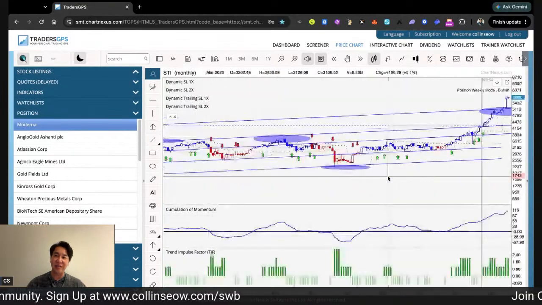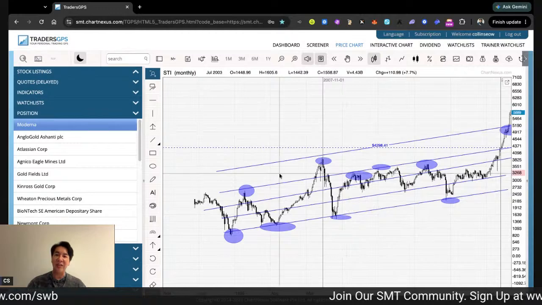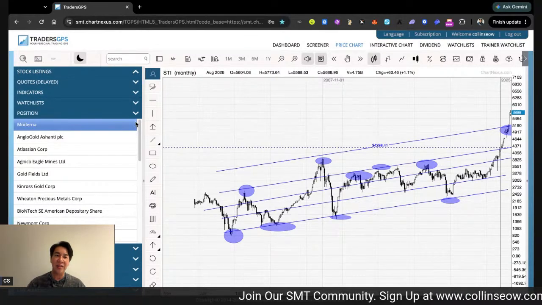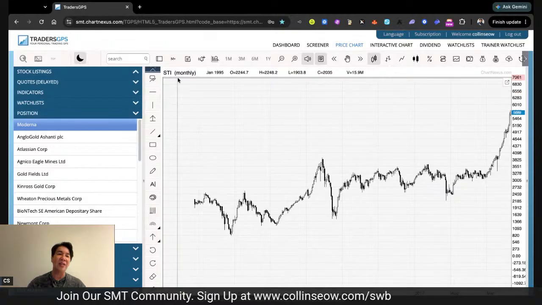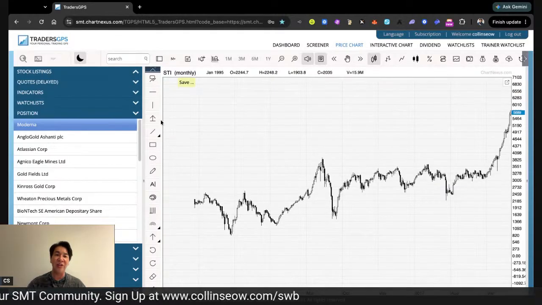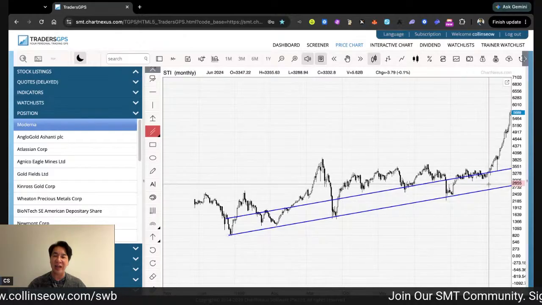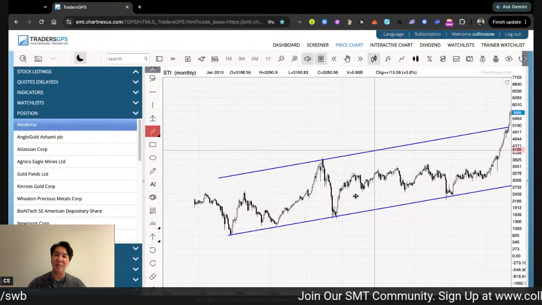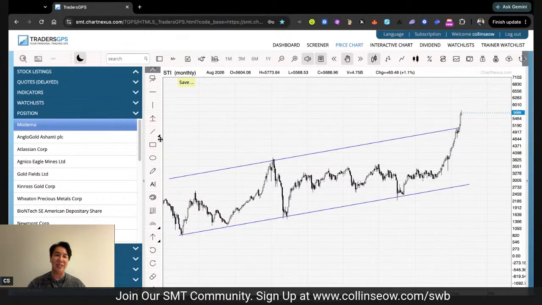Monthly chart. If you are dollar cost averaging, not trading, the STI right now, you are buying high. Can you see that?